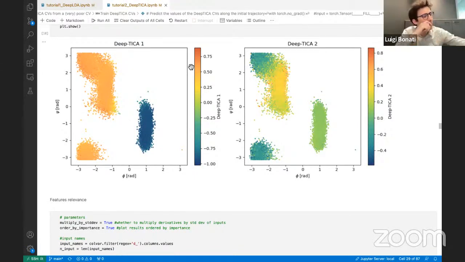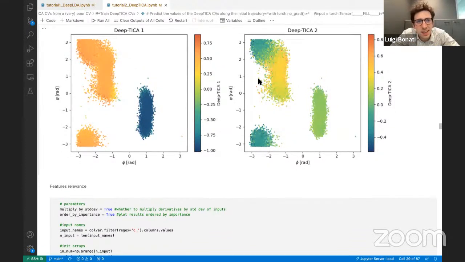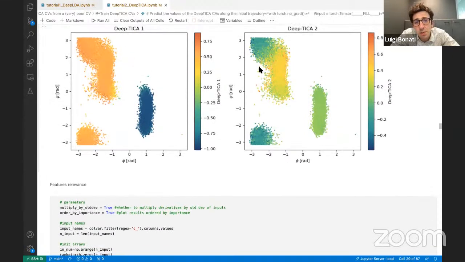I think this will be actually much more clear at the end, when we also compare with the deep TICA CVs extracted from different simulations. But we need to remember that what we are extracting here are the slow modes of the biased simulation.